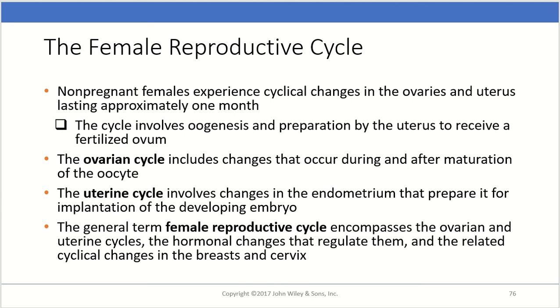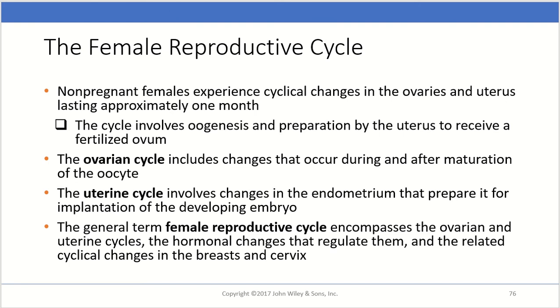The cycle is going to involve oogenesis as well as the preparation by the uterus to receive a fertilized ovum. The ovarian cycle is going to include changes that occur during and after maturation of the oocyte, and then the uterine cycle is going to involve changes to the endometrium that are going to prepare it for implantation of a developing embryo.